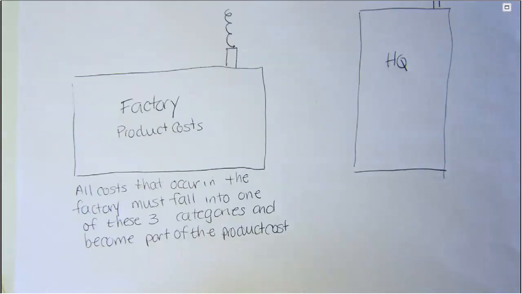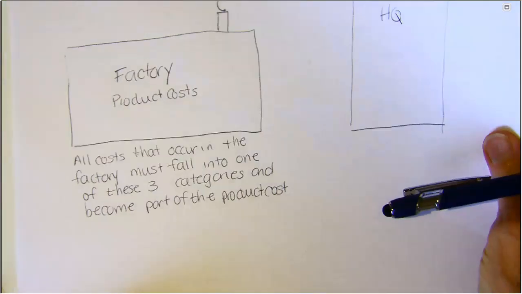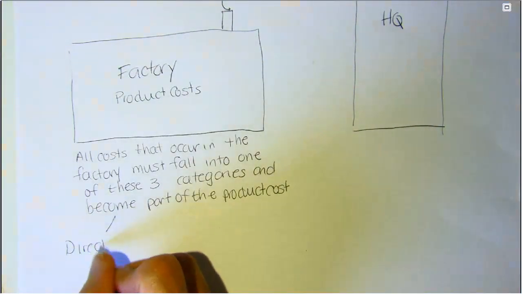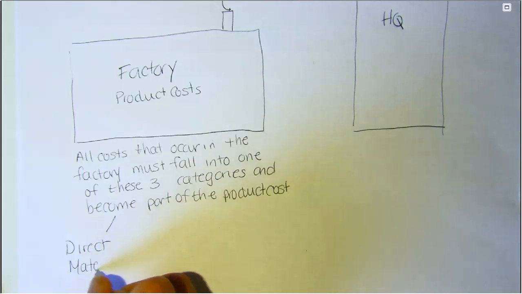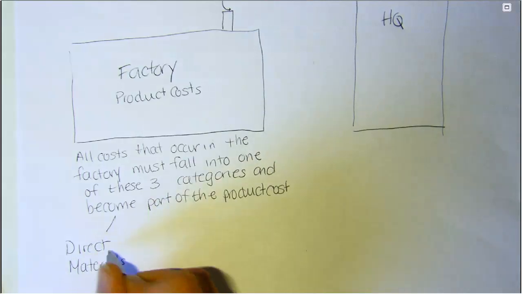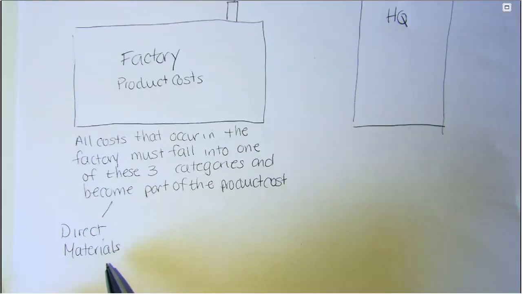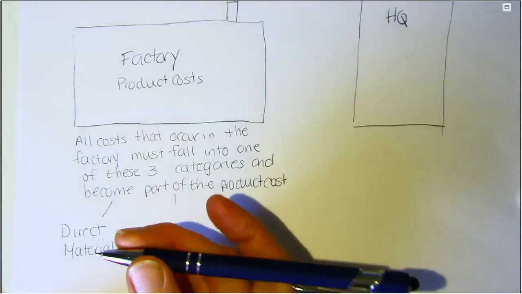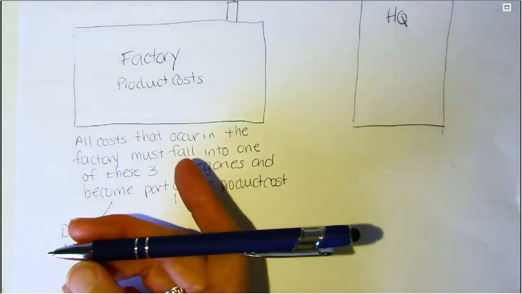And we learned that the three categories are direct materials, which are materials that can be easily and conveniently traced, directly traced to that product, like we were talking about the pen, the plastic, the ink, the metal.